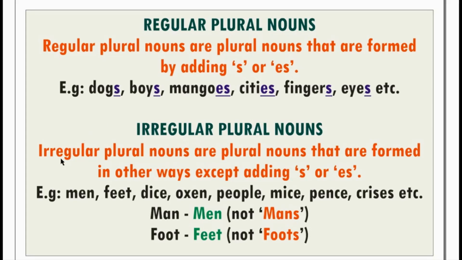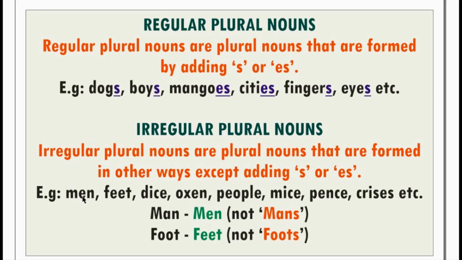Let's go to the definition. Irregular plural nouns are plural nouns that are formed in other ways except adding s or es. So the nouns whose plural are formed not by adding s or es but in other different ways, we call those ones irregular plural nouns. For example, let's come to men.